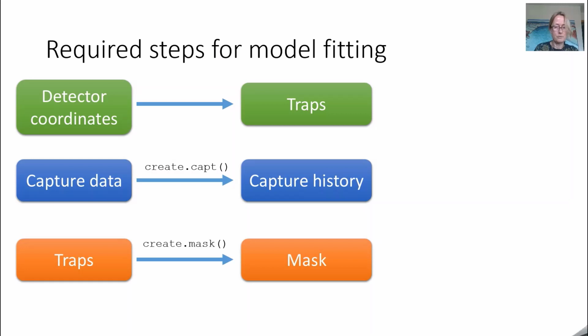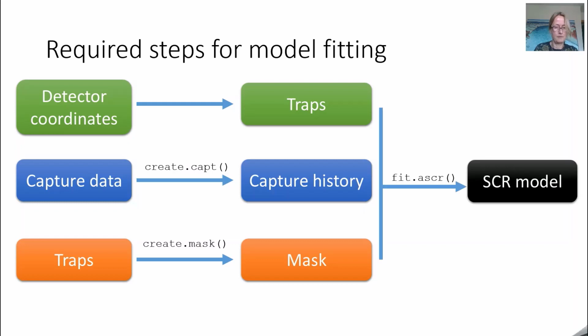And lastly, we need to use the traps object to create a mask, which we can do with the function create.mask. These three objects are required at minimum to fit the SCR model using fit.ascr.